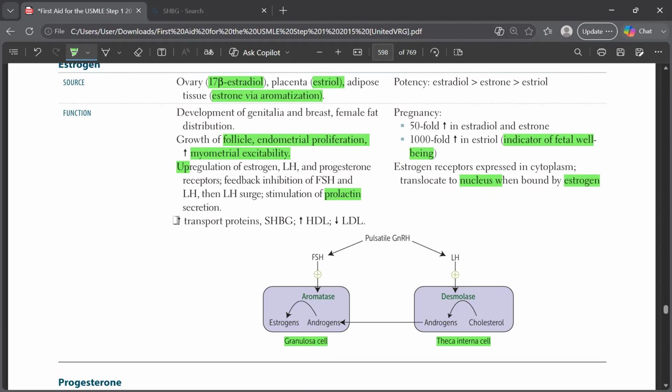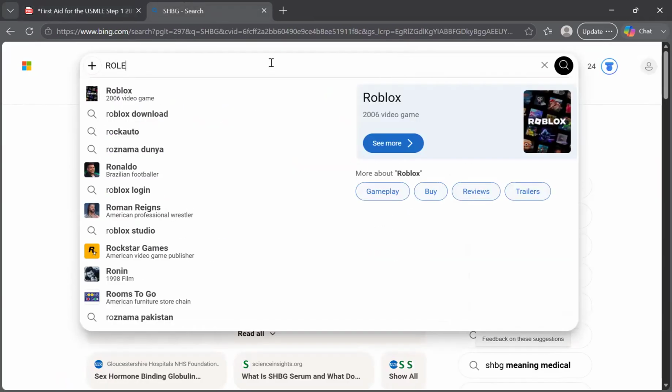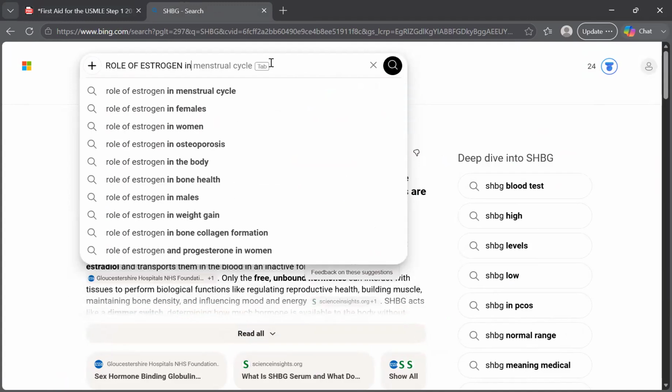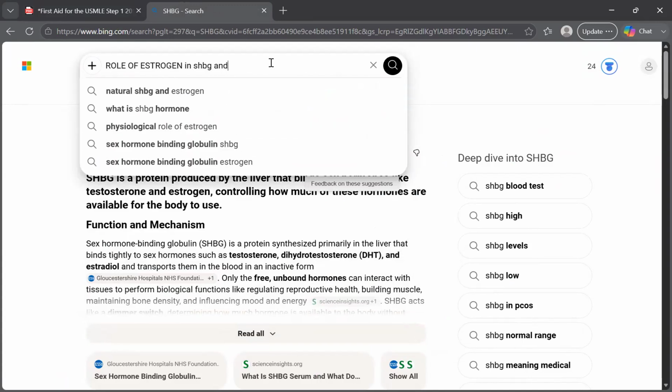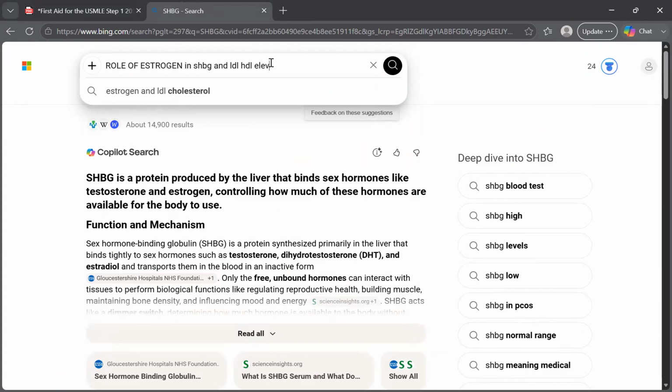I'd like to search about this fact. Role of estrogen in SHBG and LDL, HDL levels.